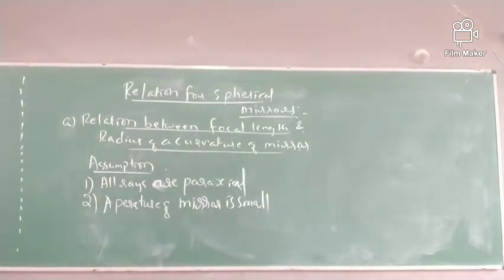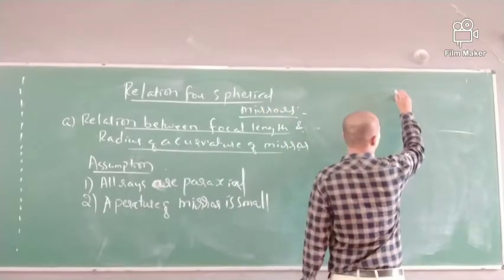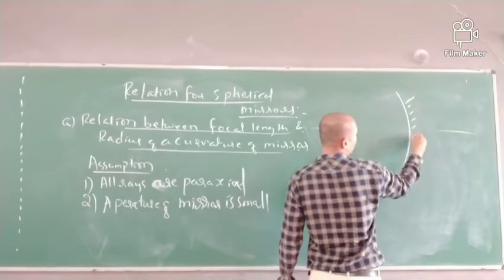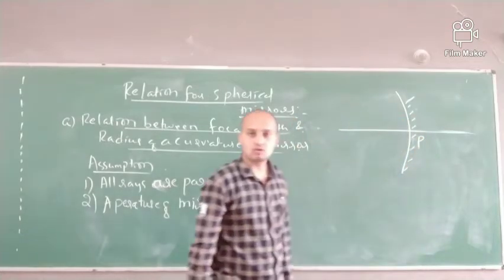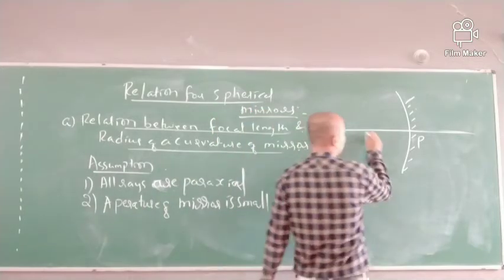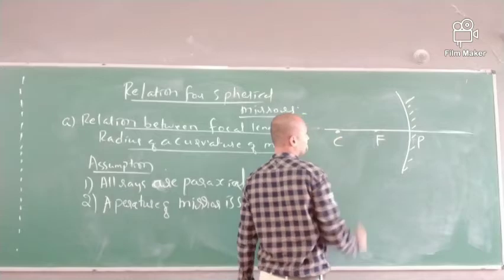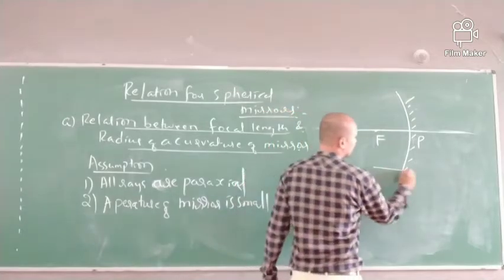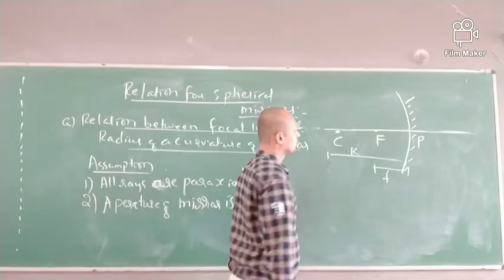So here I will make a diagram. Let us consider one concave mirror. Even you can derive for convex mirror also. Not only applied for concave mirror, you can derive for convex mirror also. Let us take one point. This is the point focus. This is the point center of curvature. This is the focal length, this has to be R. Correct now?